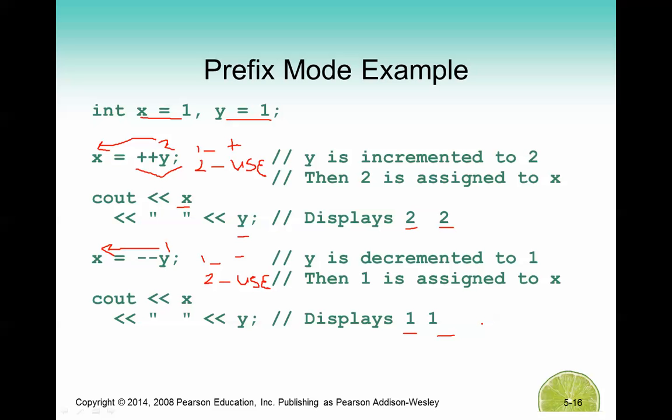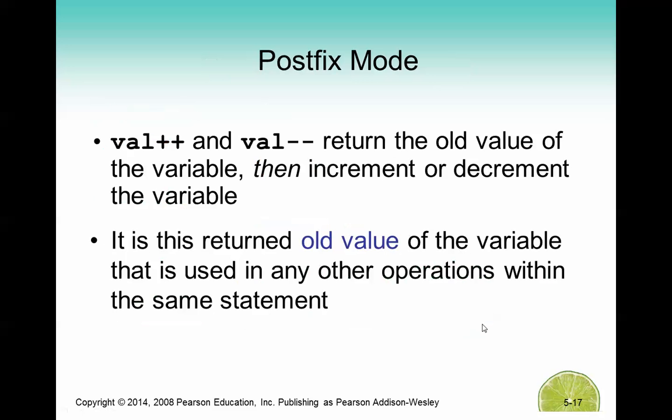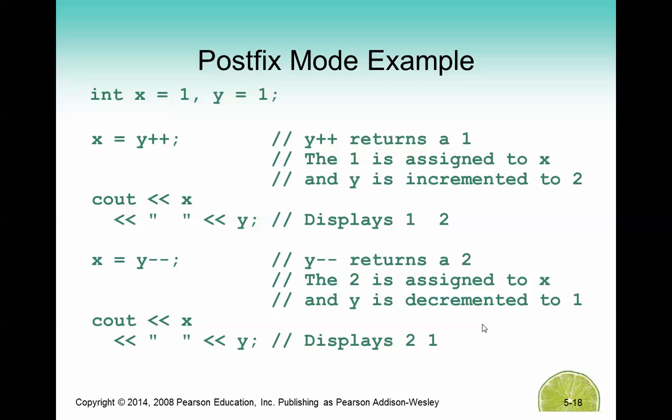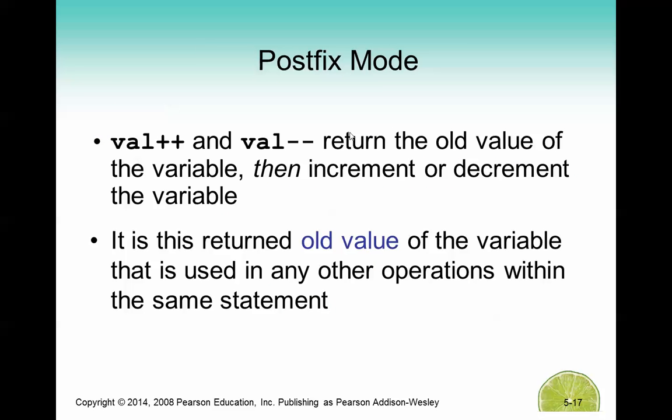Okay? Questions here? Let's see what happens when I use the postfix mode. Same lines, same instructions. We have x is assigned 1, y is assigned 1. Then we have x is assigned the value of y plus plus. What happens when I use the postfix mode?